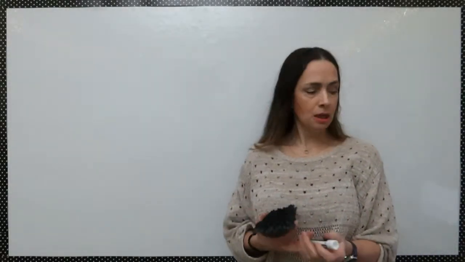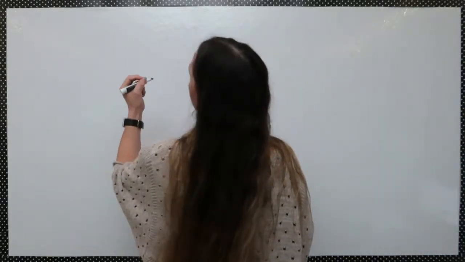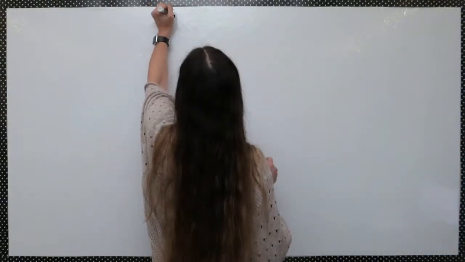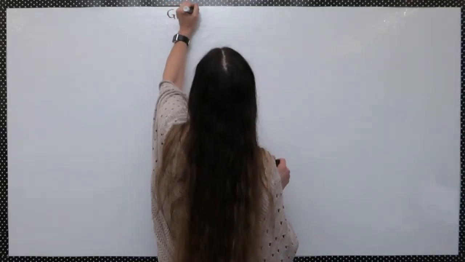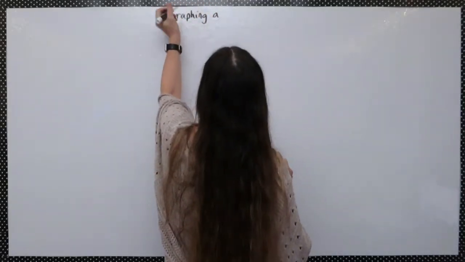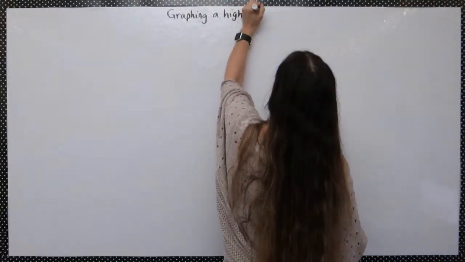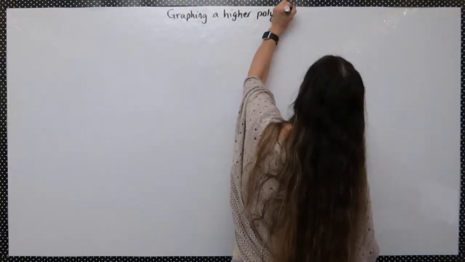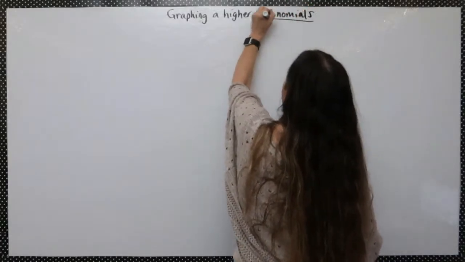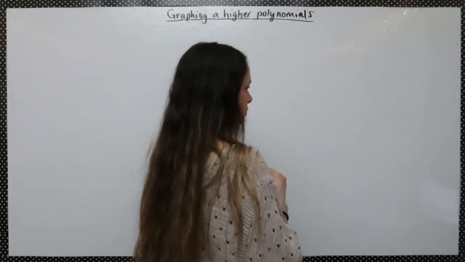Anyway, in thinking about that and reflecting, I thought about this function. Then I got to thinking, it would be nice to practice expanding a polynomial. So we'll say graphing a higher order polynomial, because the method is the same no matter which degree it is.